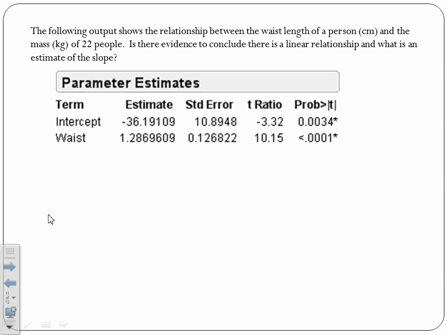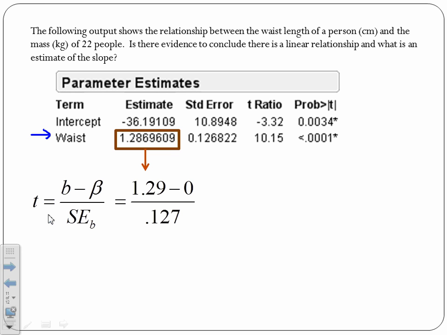But let's say that we actually wanted to run one of these tests. Let's say we'd like to run a t-test for slope. Well, all the information for slope is coming from that bottom line right there. Our beta value is 1.29. Standard error, it's given to you. If you were to plug that into the calculator, you'd realize that equals 10.15.